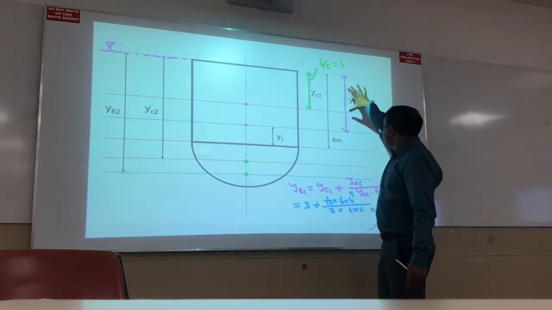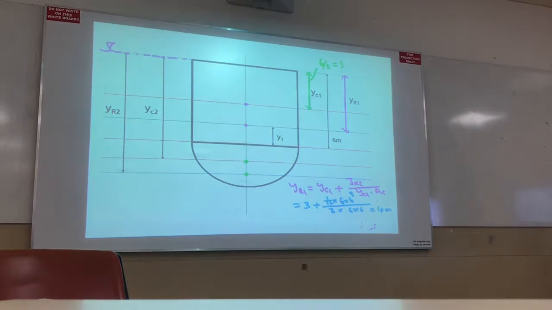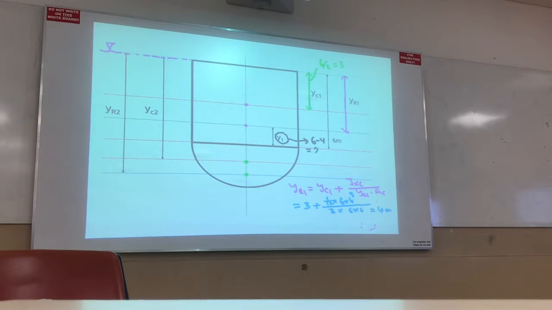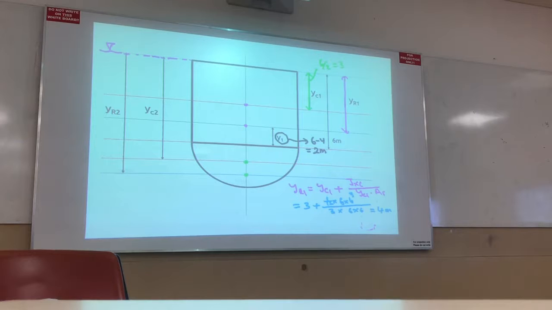It is 6 minus YR1, so y1 becomes 6 minus 4. Am I right? Correct. Now I am going to find YC2, because one center of pressure is here.